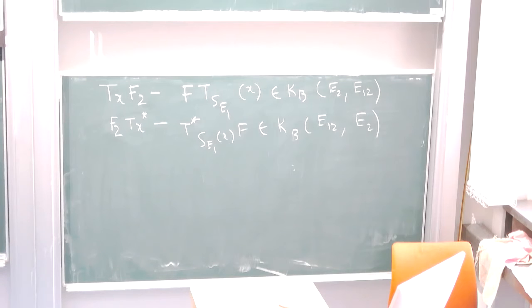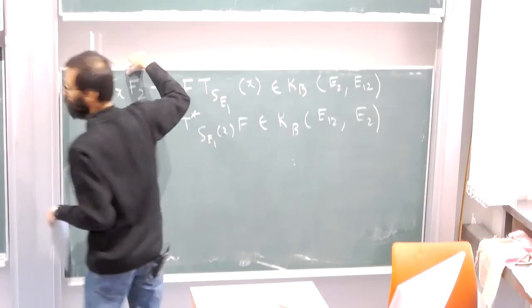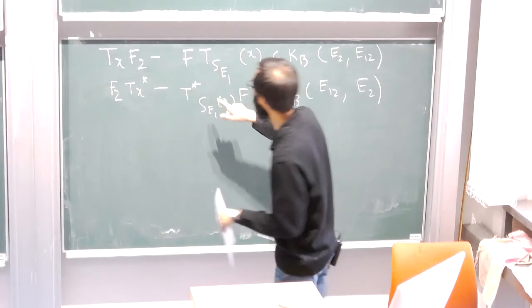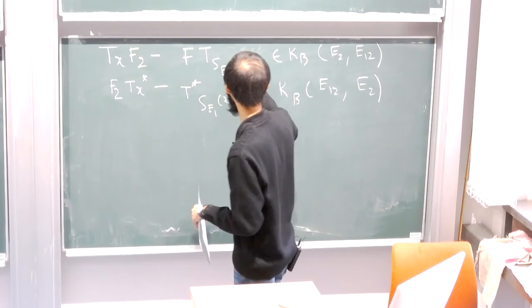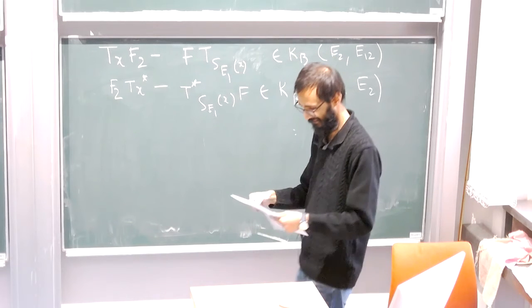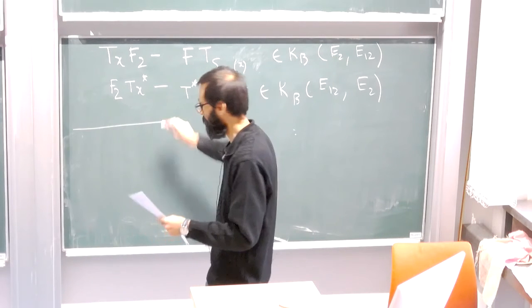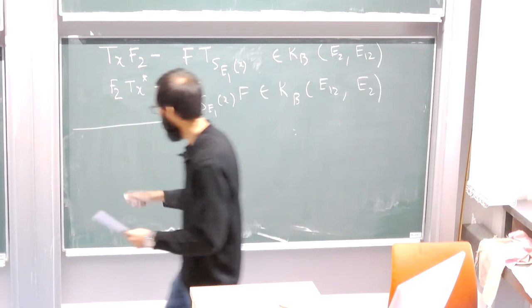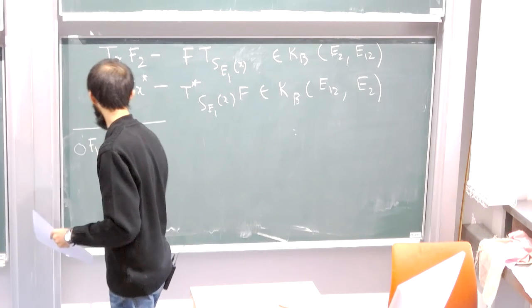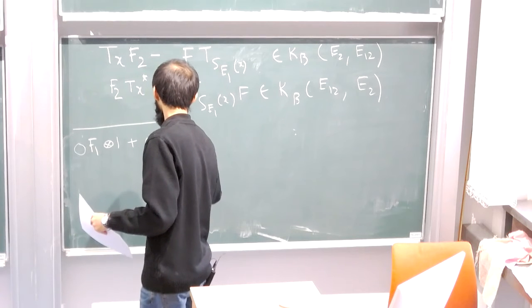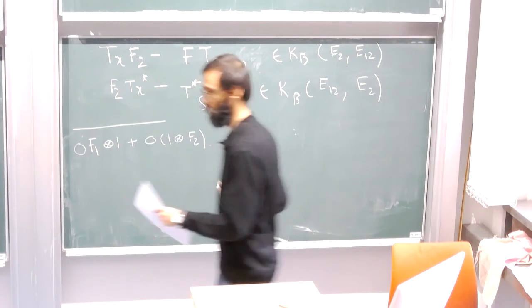So let me now say why it works. I'm sorry, the X should be here. As Andre said, we would like to have some combination of this plus one tensor F2, right?